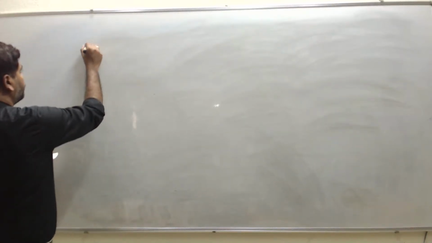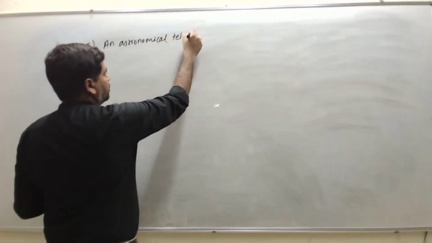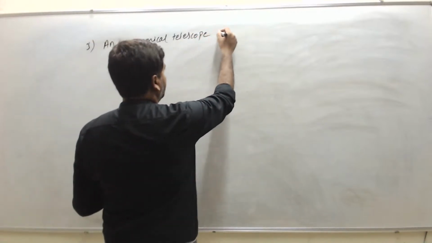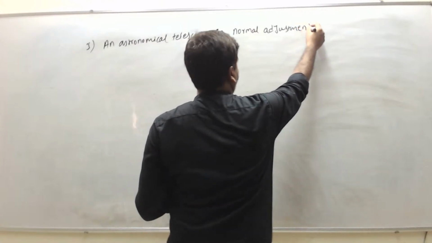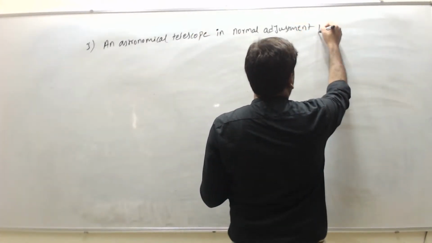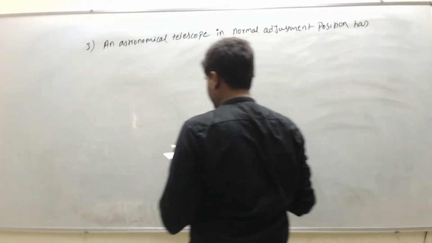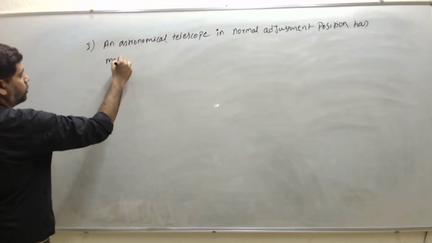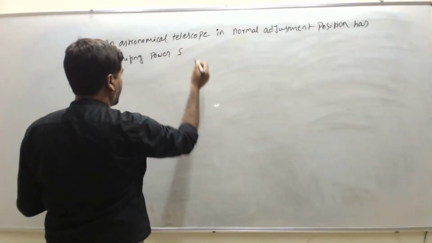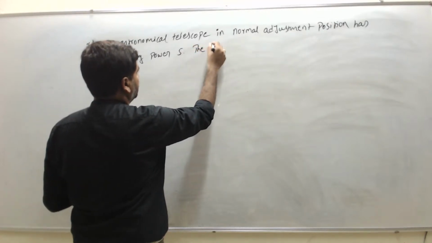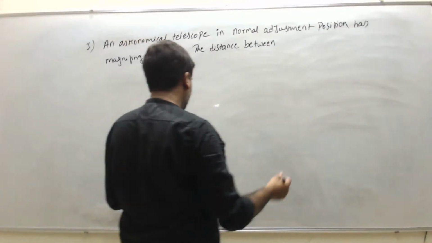An astronomical telescope is in normal adjustment position, has magnifying power 5.